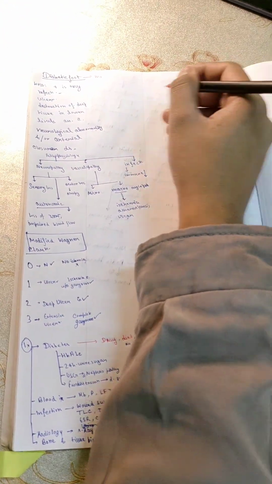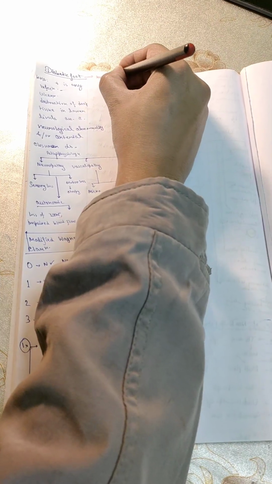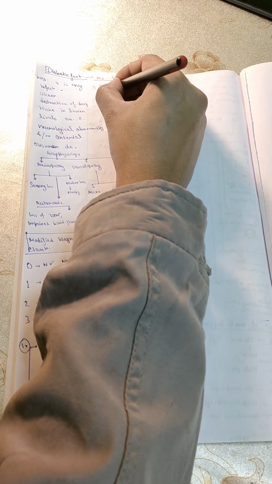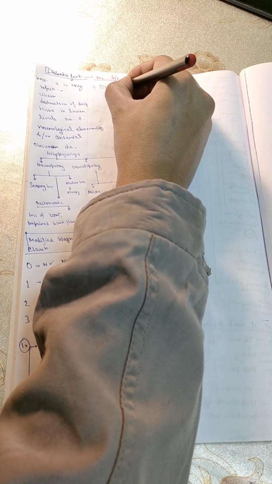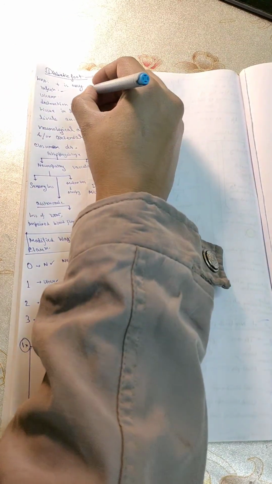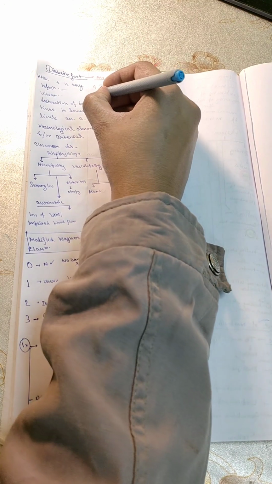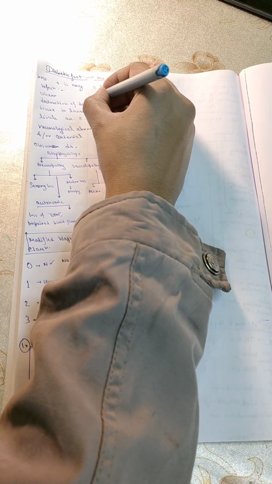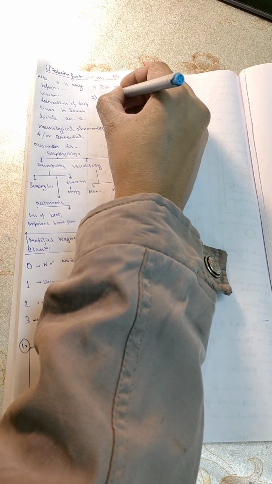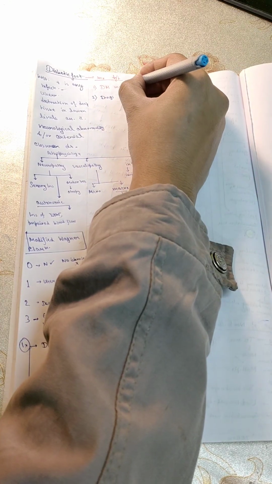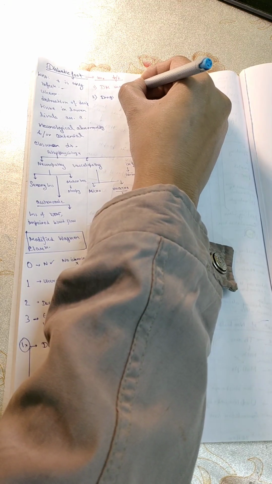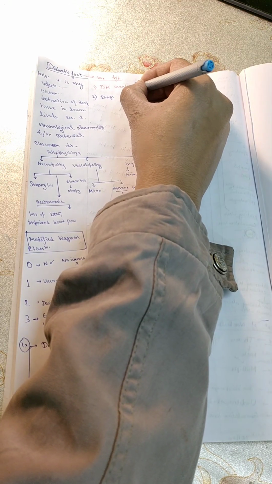The treatment. First, I will manage DM. Control the obesity. Next, I will give drugs. Here, I will give drug, diet, insulin.